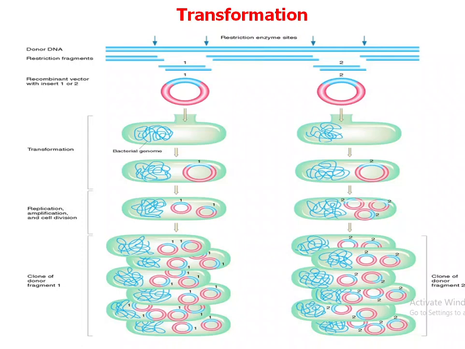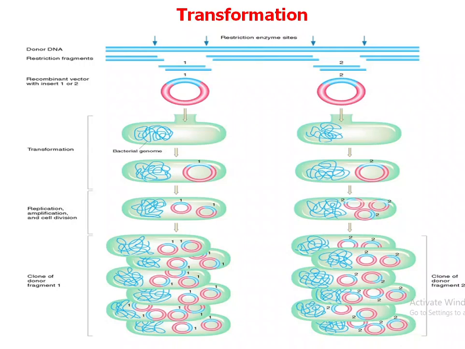Once the recombinant DNA molecule is in the host cell, the plasmid vector is able to replicate because plasmids normally have a region of replication. However, now the donor DNA insert, as can be seen here, is part of the vector's DNA. The donor DNA is automatically replicated along with the vector.